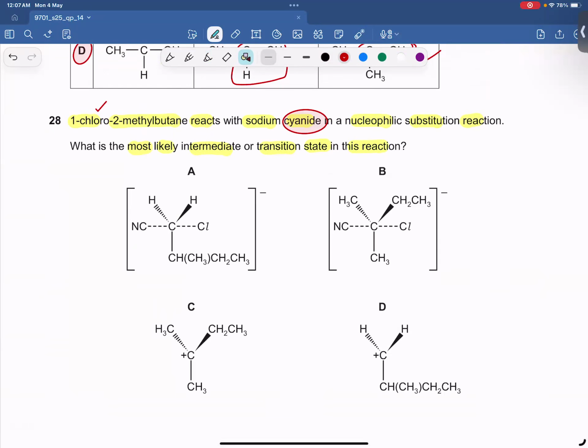So bond breaking and bond formation take place between carbon and chlorine and carbon and cyanide. Obviously around carbon we have a pentavalent transition state. Pentavalent means 5 bonds along with a negative charge. So that satisfies the condition.